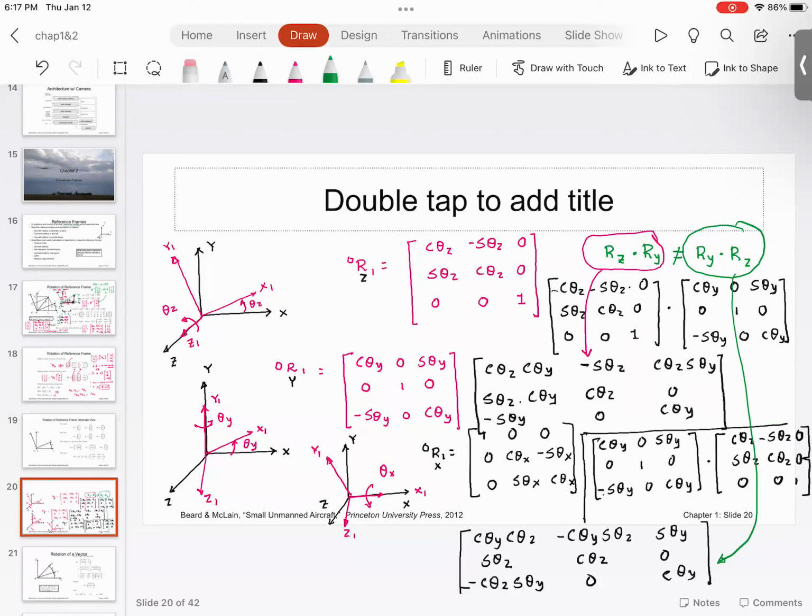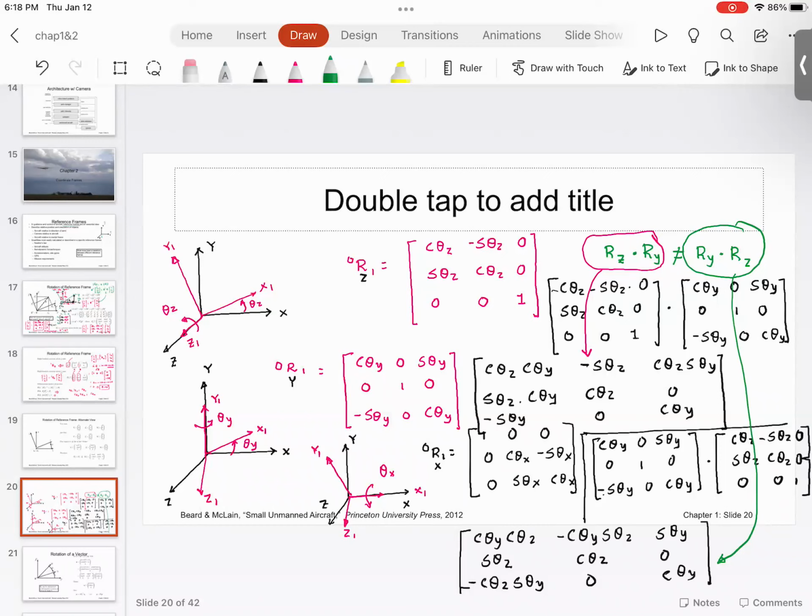And now can you see that these two multiplications look different? You agree with me? Which means if my angles are large, the result I get from the left hand side will not be equal to the result I get from the right hand side. Everyone understood this? Which means finite rotations are not commutative. They don't follow the sequence.